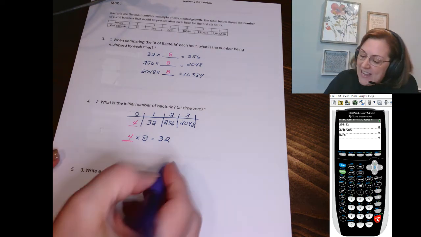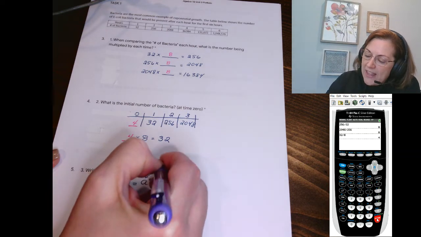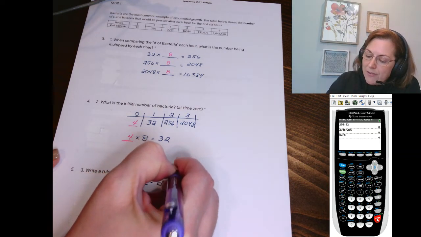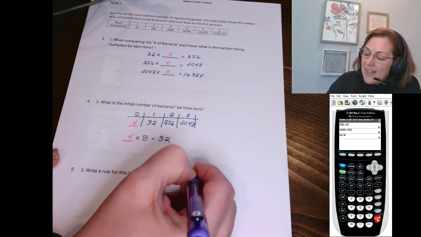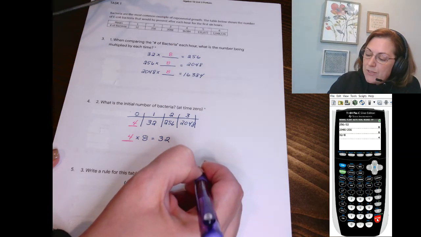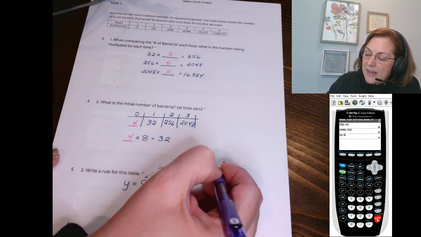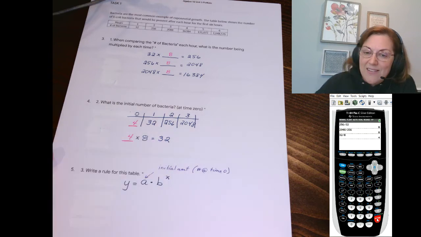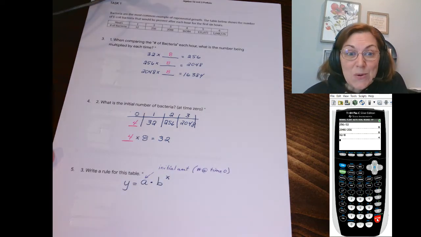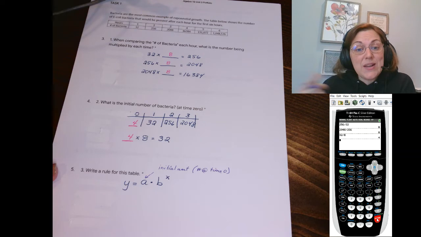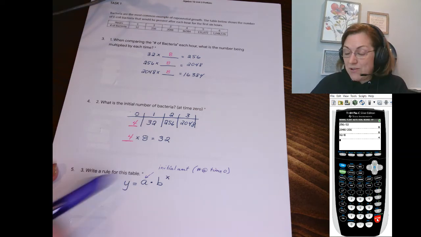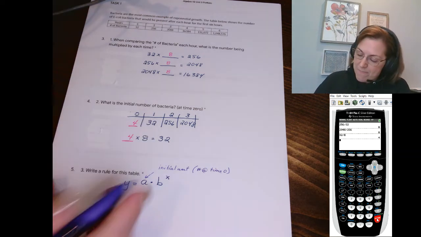The A here, we call that the initial amount. Friends, that is the amount at time 0. We did that in question number 2. We already found that value, and it was 4.